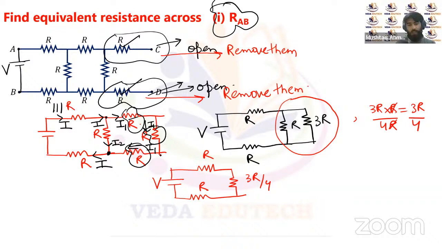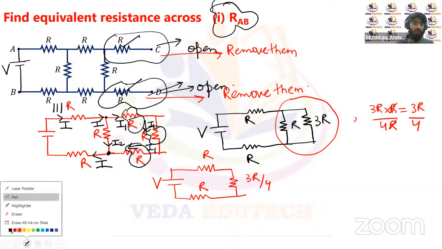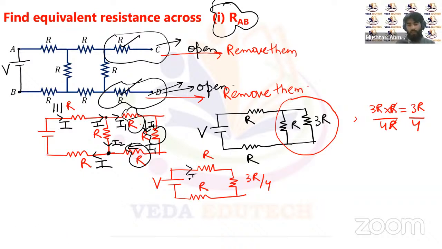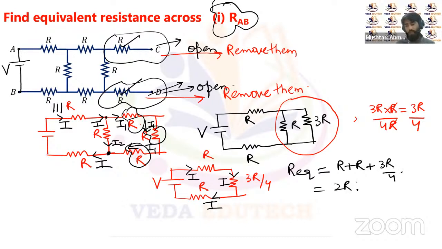Now we can see all these three resistors are in series. So their equivalent resistance will be R plus 3R over 4 plus R, that is 2R plus 3R over 4, which is equal to 11R over 4.